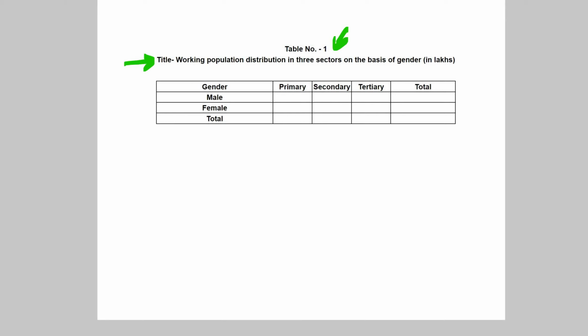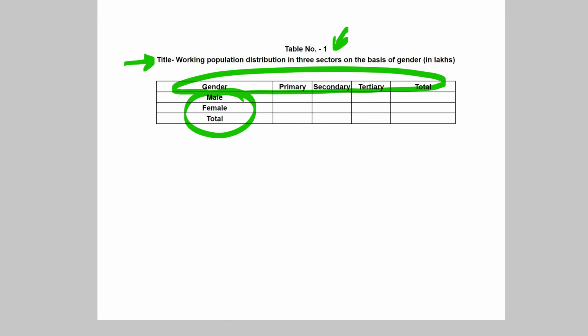All these things are column headings, and all these things are row headings, and there you can write some additional thing if you have to. Generally it is a must to write or add the source, from where that table is taken, and the next thing is the footnote.